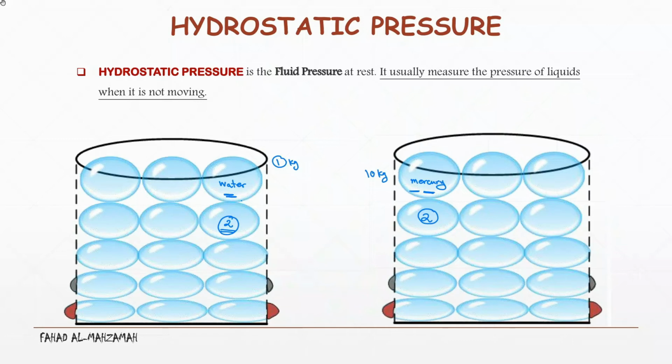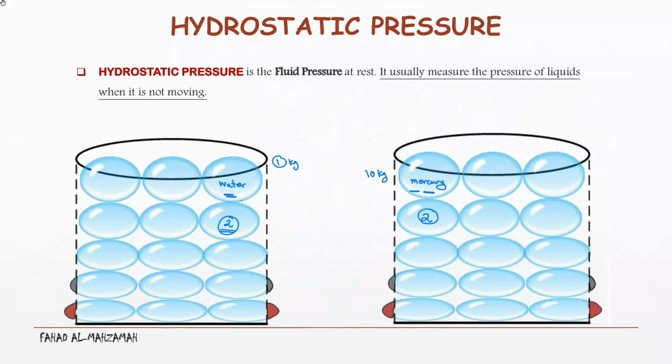So what we can extract from this information is that we said that the pressure of liquid has a factor that as we go deep for that specific liquid, the pressure will increase. However, the other factor is the type of liquid. What is the liquid?